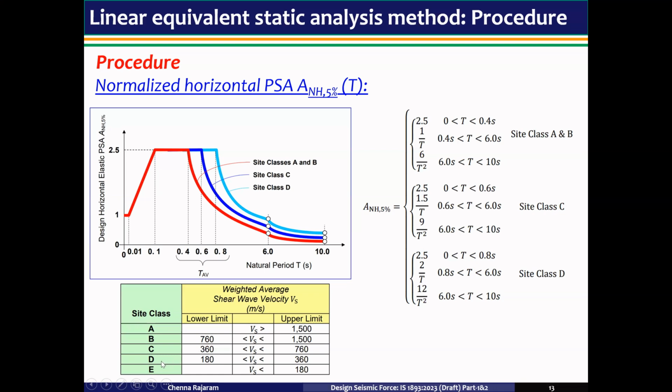For site classification D, it ranges from 180 to 360. And for site classification E, the value is less than 180 meters per second. For calculating ANH for 5% damping, the values are given for different time period values and site classification values.